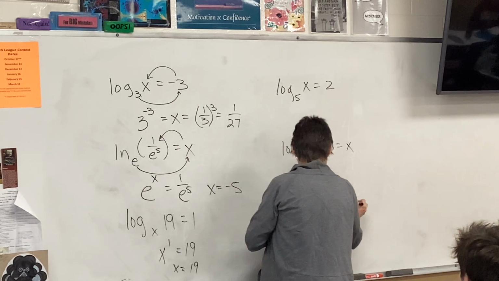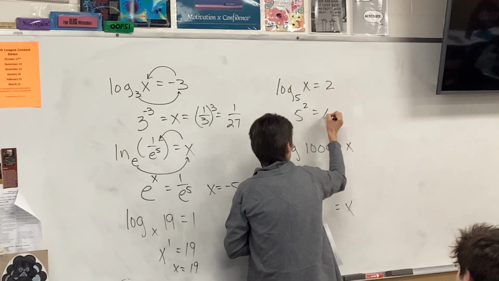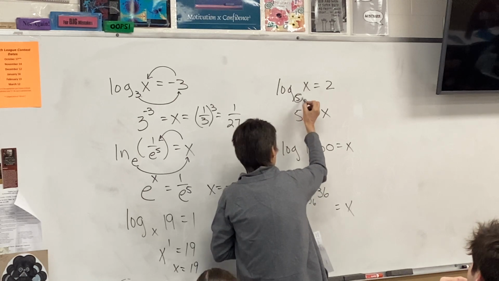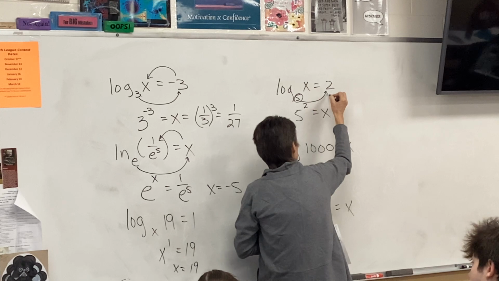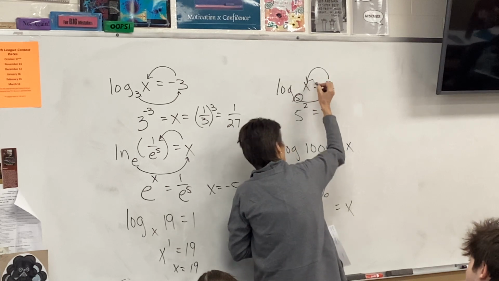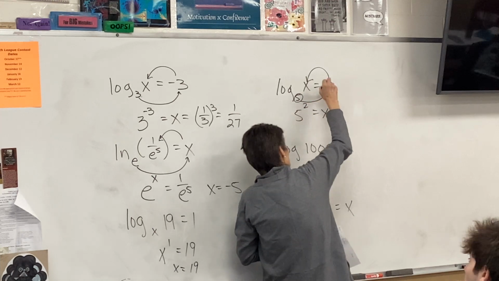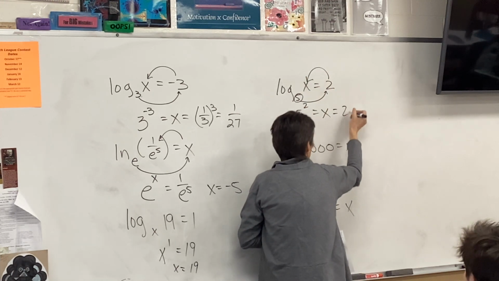It would be 5 squared equals x. Bingo, 5 to the second equals x. So, one more time, guys. Start here always. 5 to the second equals x. A log rule. So what's x? 25.